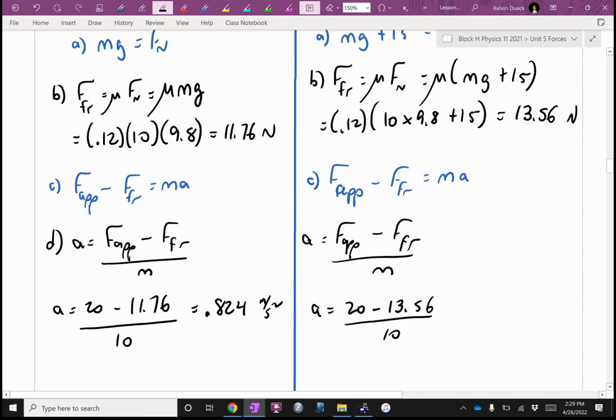So instead of 6.44, 0.644. That's how I do it. Meters per second squared. By the way, you do math in your head backwards from the way that you write the math by hand. You do math in your head from left to right. You do math by hand, using borrowing and carrying the one, from right to left.